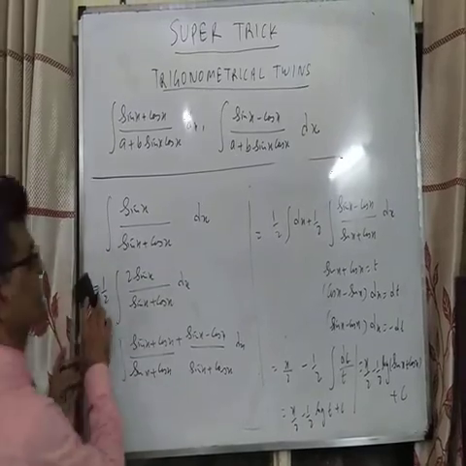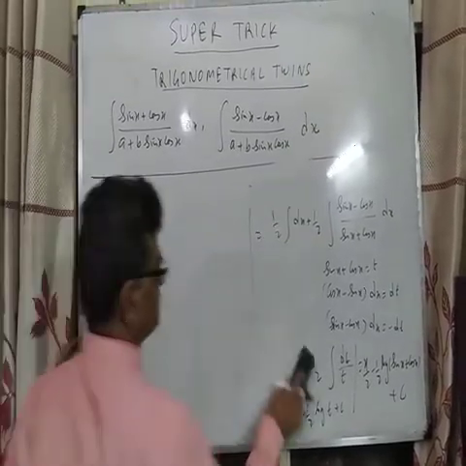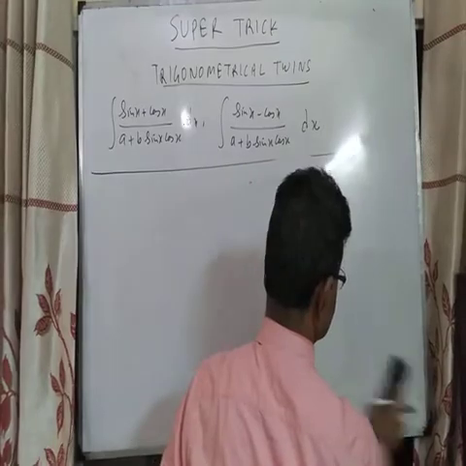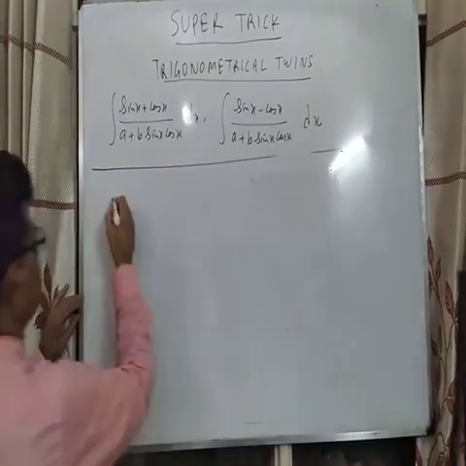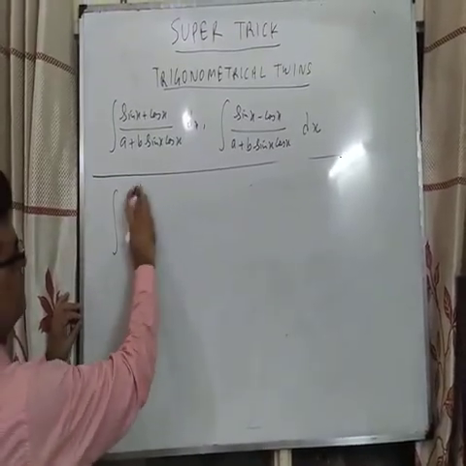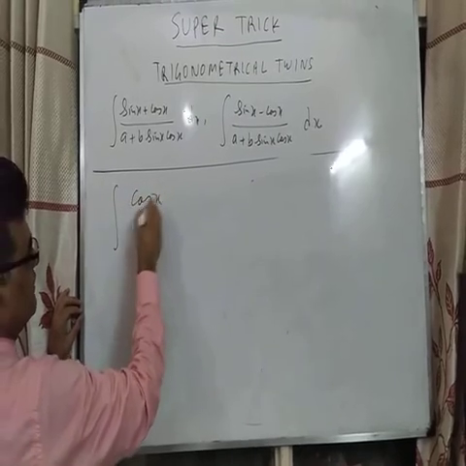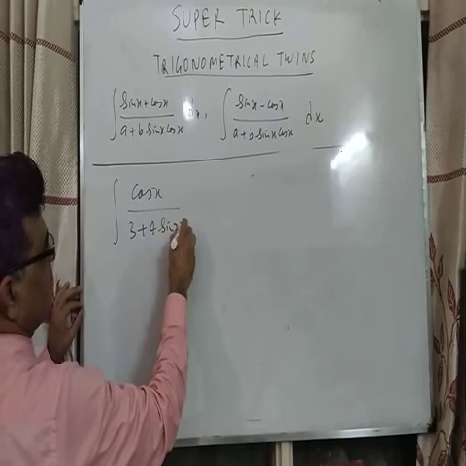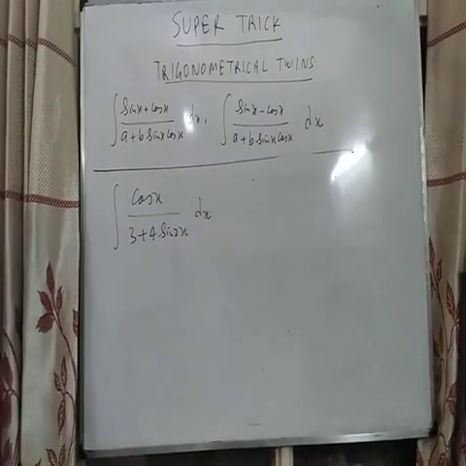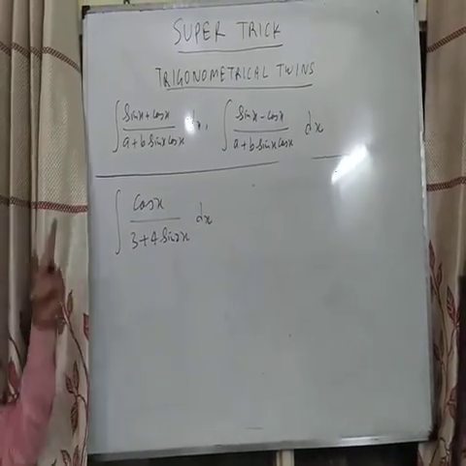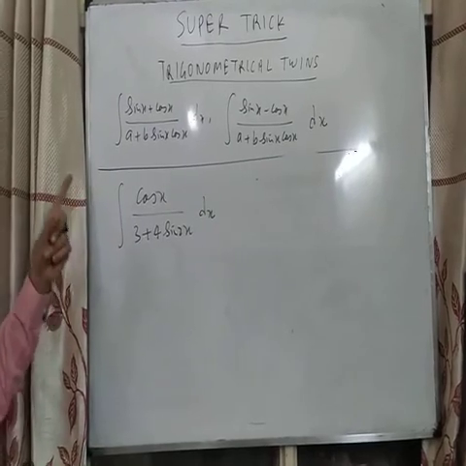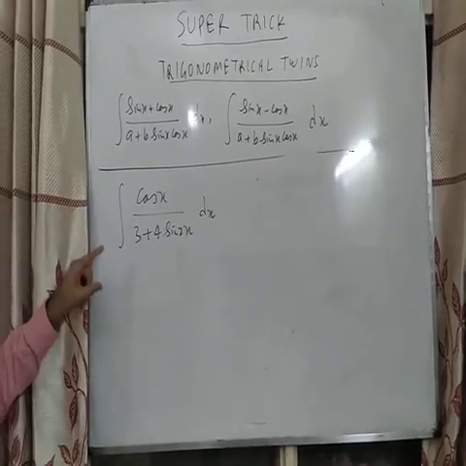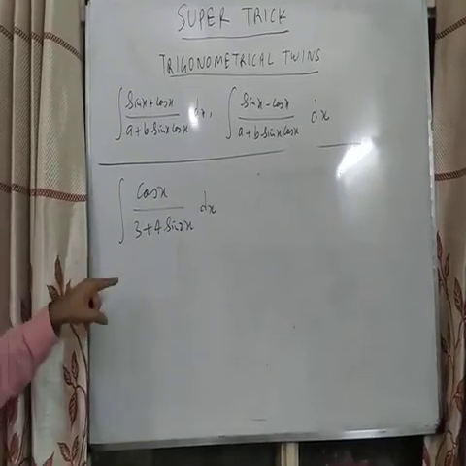Now we are moving to the next question: the integral of cos x upon 3 plus 4 sin 2x dx. How to solve this question using the trigonometrical twins? It's a super trick. You must know how to solve this question using this trick.